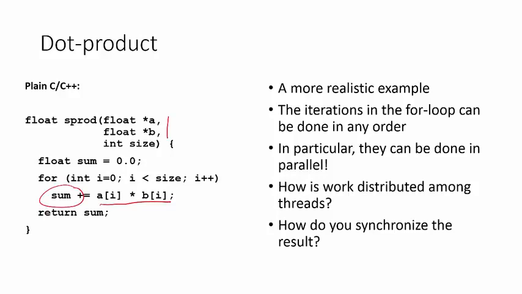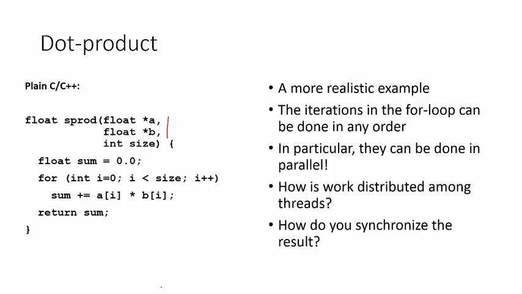What we can now see is that the for loop is the bulk of the work here. The iterations in the for loop can be done in any order, and in particular they can be done in parallel. So this is an ideal case for something which can be parallelized.